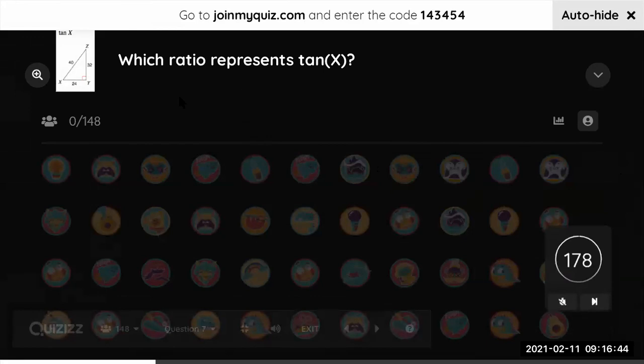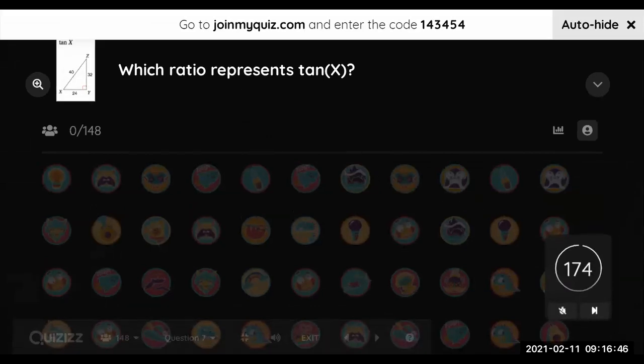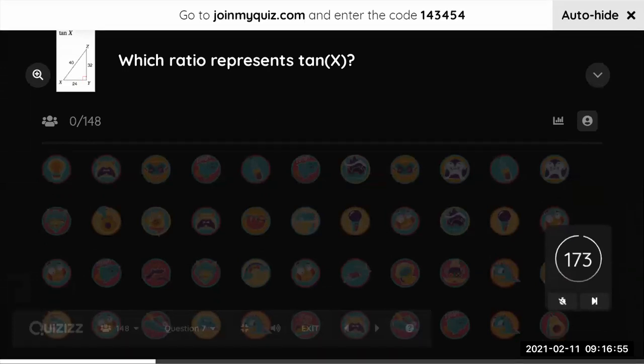Which ratio represents tan x? Now what is tan x? Tan equals opposite upon adjacent. So for tan x, what is opposite?